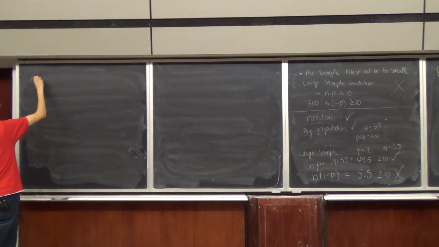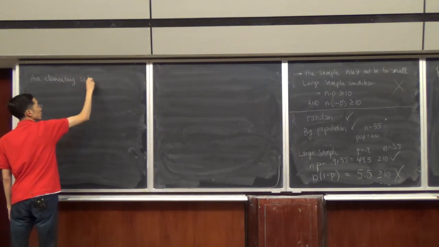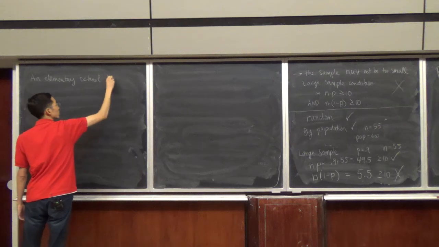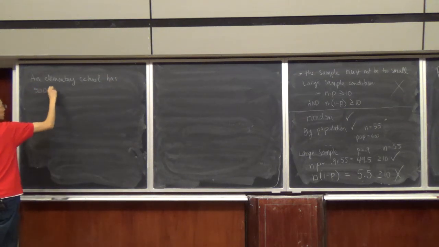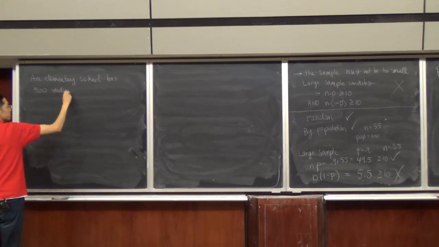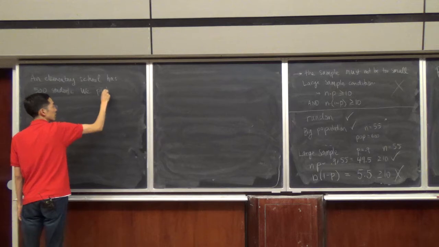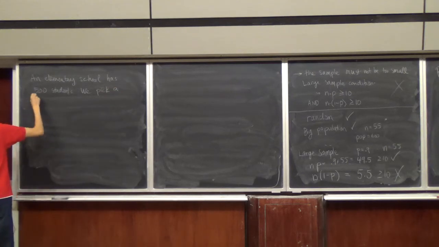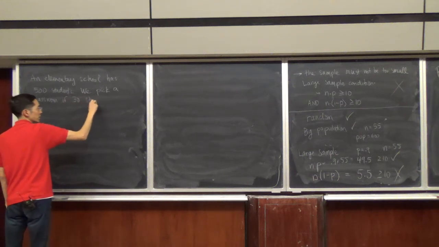Alright, so we'll say an elementary school has 500 students. We pick a classroom of 30 students.